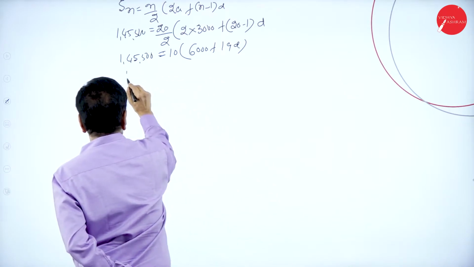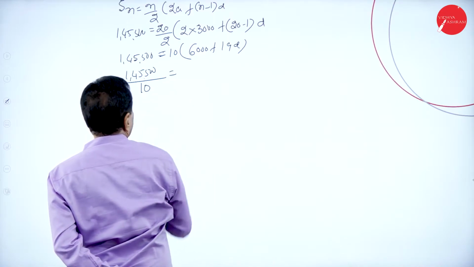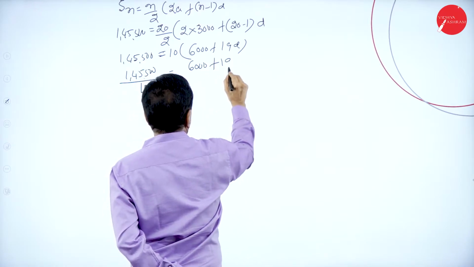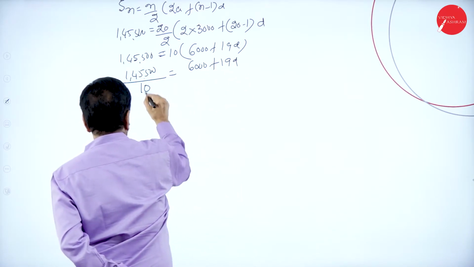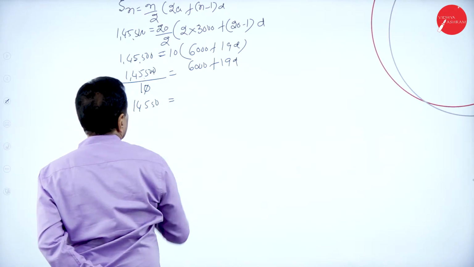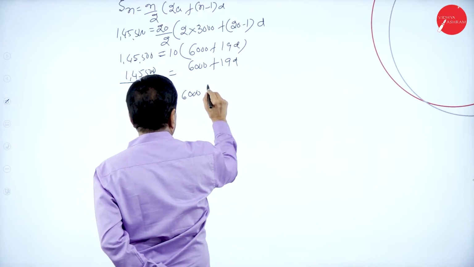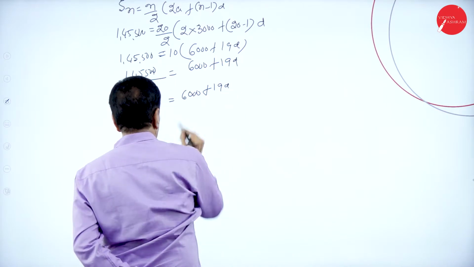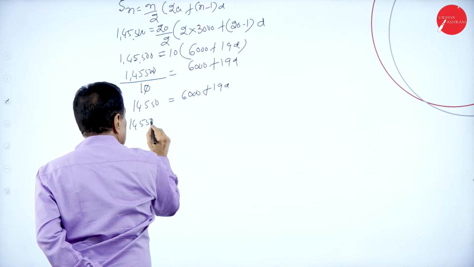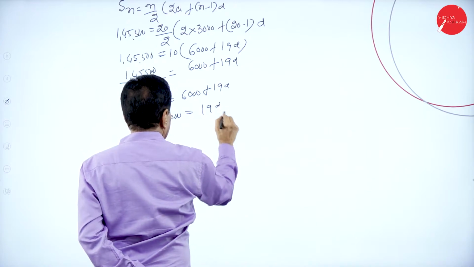Simplify. 1,45,500 divided by 10 is equal to 6,000 plus 19D. Cancel the 0. 14,550 is equal to 6,000 plus 19D. You take this: 14,550 minus 6,000 is equal to 19D.